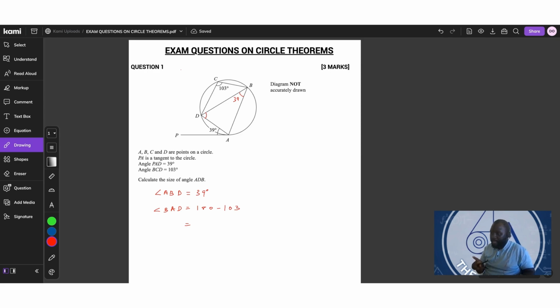So if I take my calculator and say 180 minus 103, this gives me 77 degrees. So that is angle BAD. So now we have our second angle, which is 77 degrees.